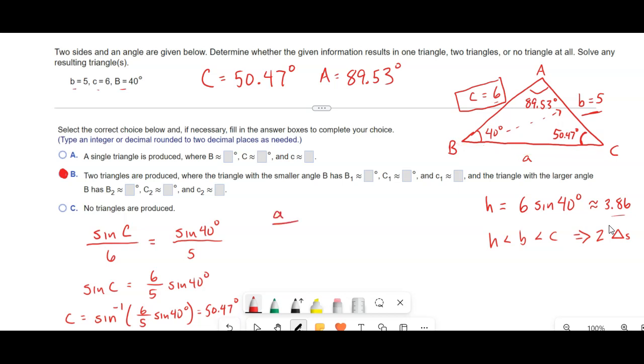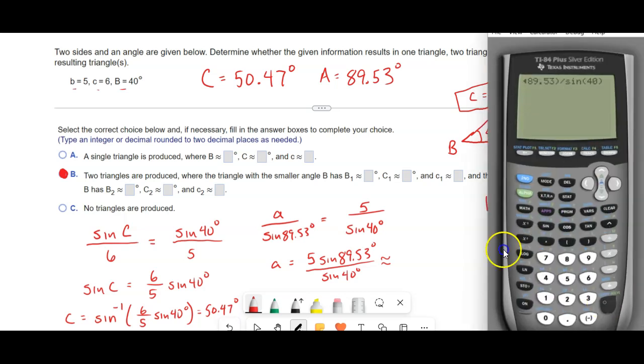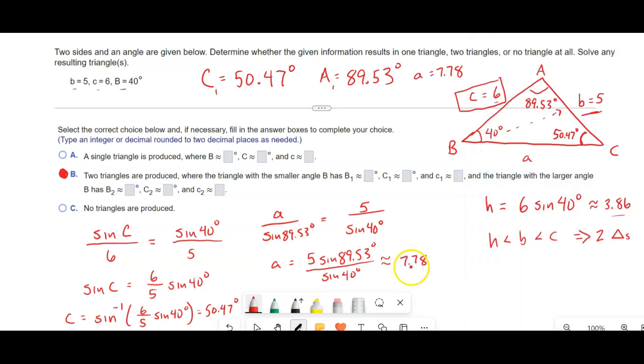So A over the sine of 89.53 is equal to the original pairing I was given that was an angle and its opposite side was the 5 and the sine of 40. All right, so solving for A, I get that, and then just typing into my calculator. So there is my approximation for side A, 7.78.